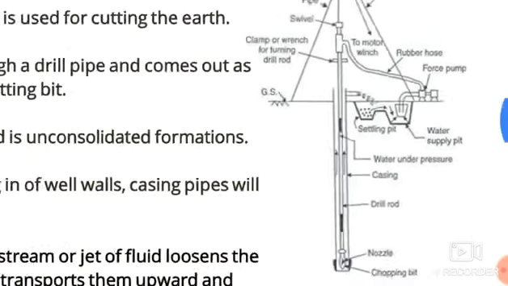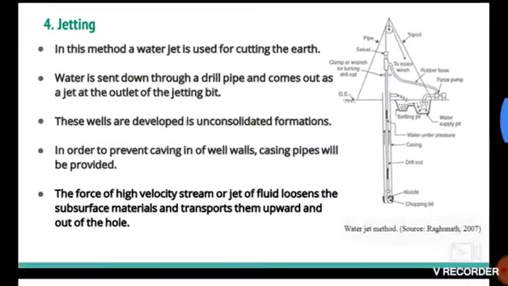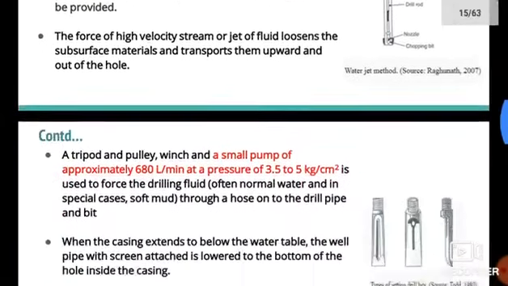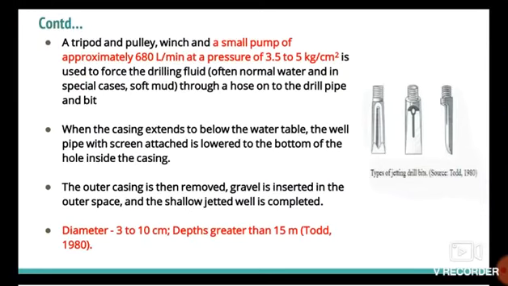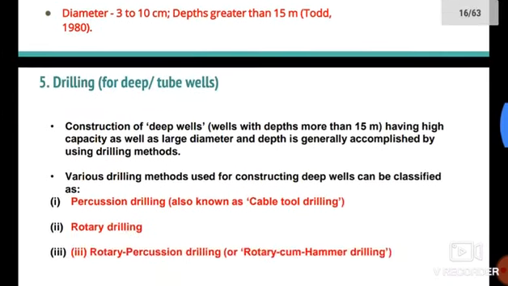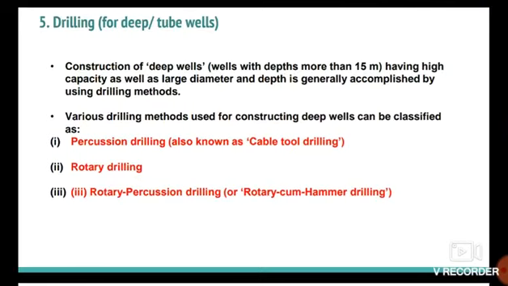Again, that water is used for jetting. So this is the process occurring here. A small pump of approximately 680 liter per minute at a pressure of 3.5 to 5 kilogram per square centimeter is used to force the drilling fluid, and we can make holes up to a depth of 15 meter and a diameter of 3 to 10 centimeter by means of this method.